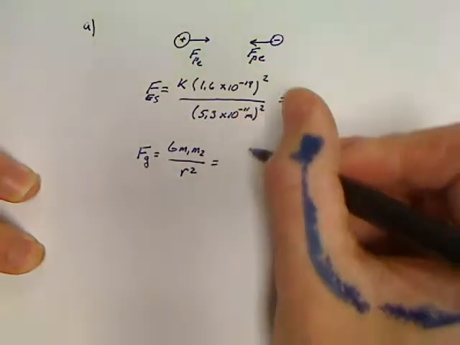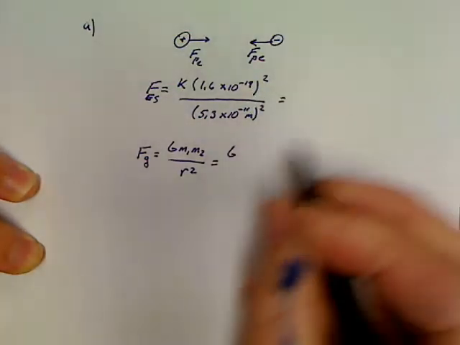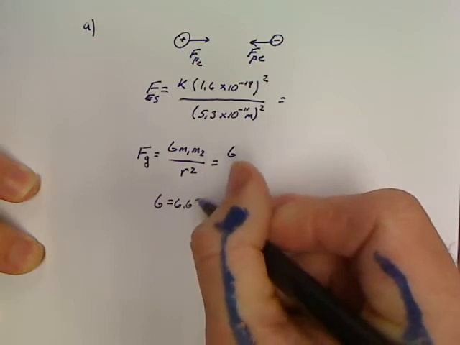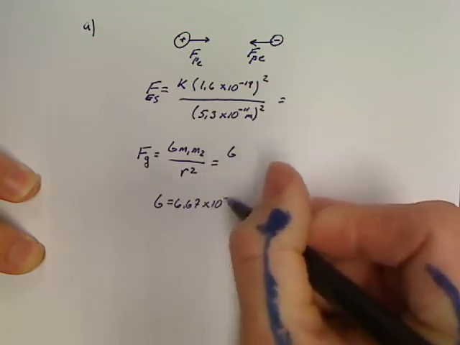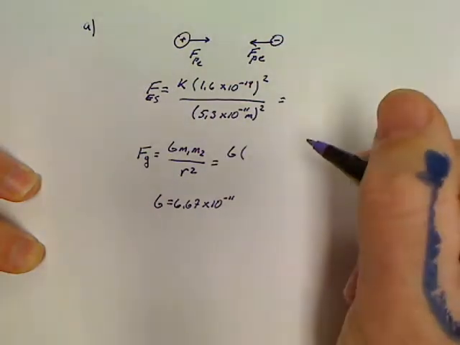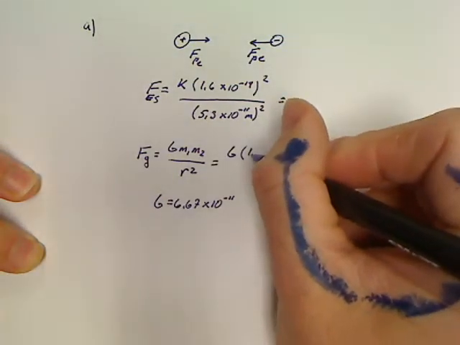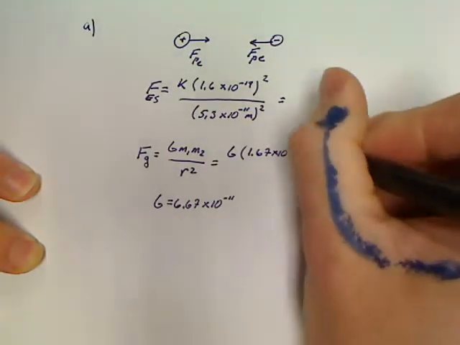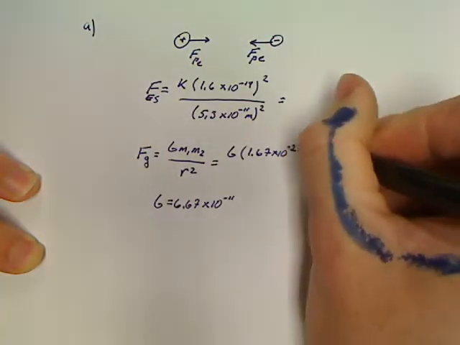So in this case, we'll go big G, which if you've forgotten what big G is, it's 6.67 times 10 to the negative 11. Big G times the mass of a proton, which is 1.67 times 10 to the negative 27, if my pen will write.